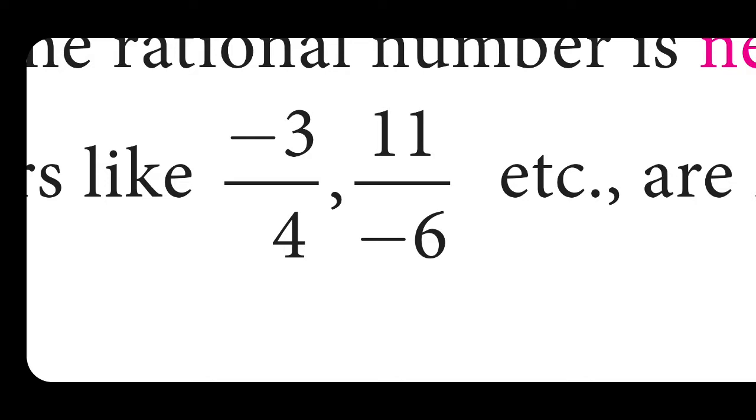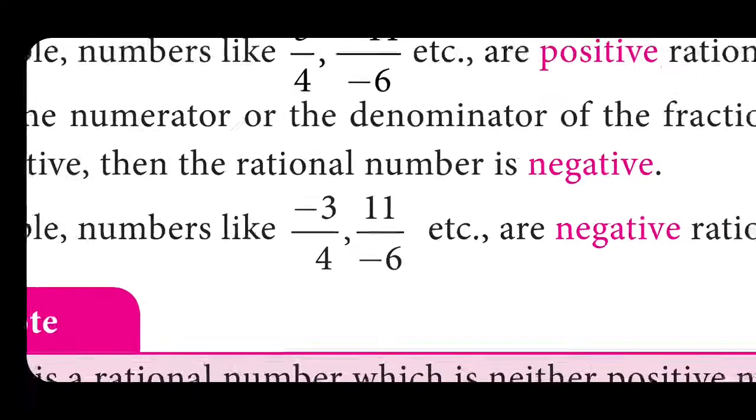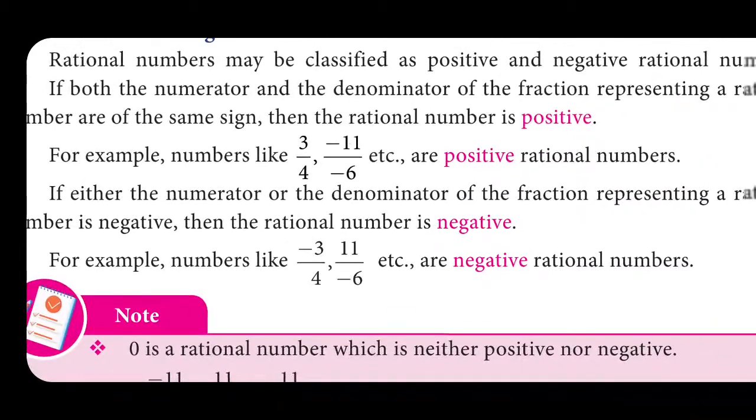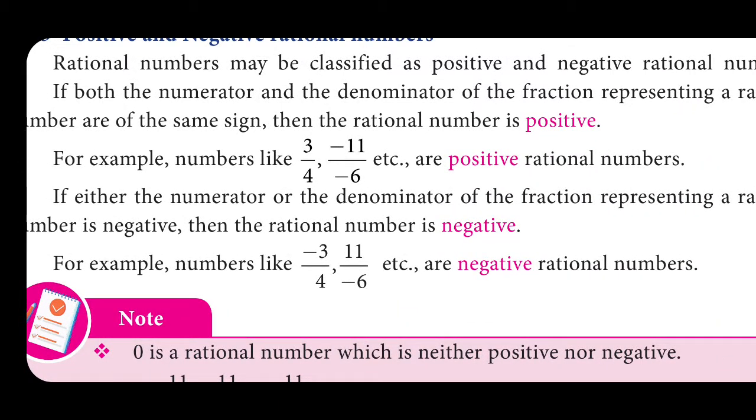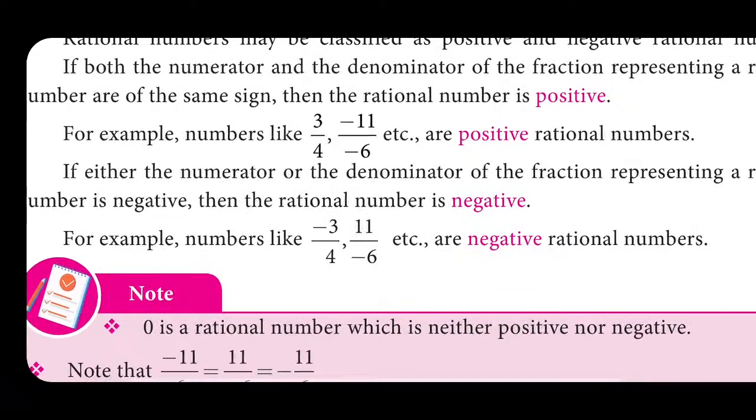Next, 11/minus 6: the denominator has the negative sign, so it's also a negative rational number. If numerator and denominator have the same sign, it's a positive rational number. Suppose numerator and denominator have different signs, it's called a negative rational number.